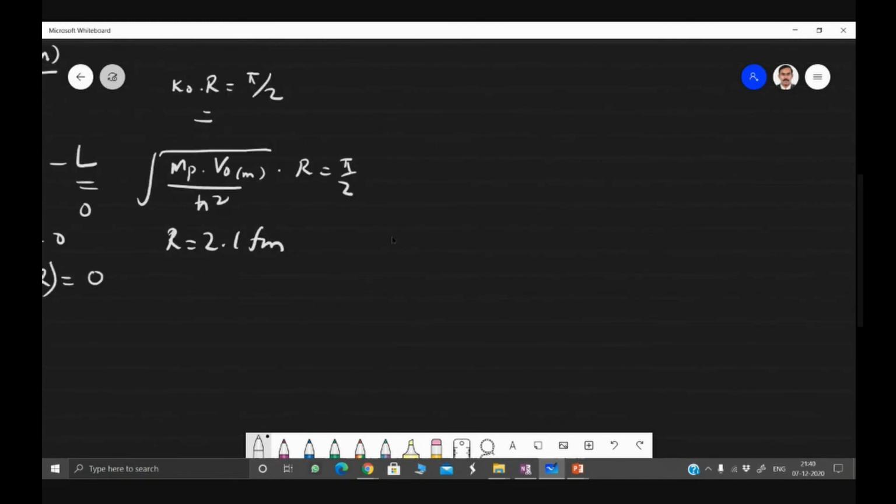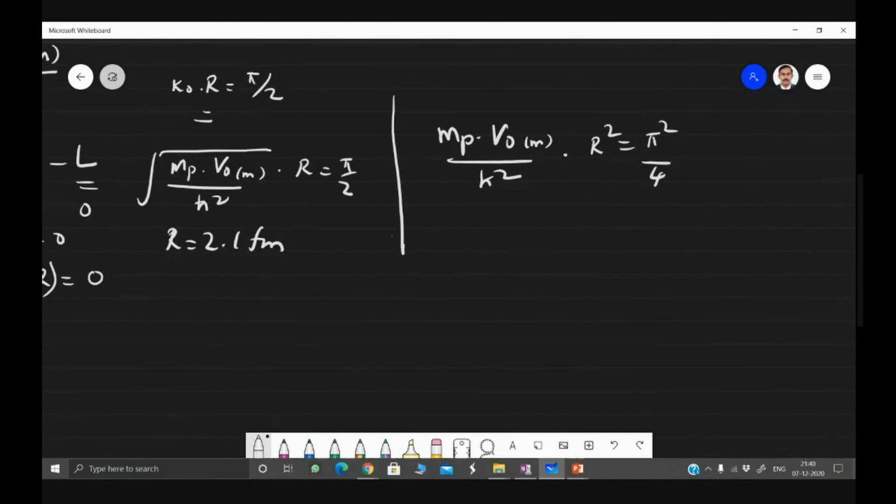So we can just square this expression. What we get? We get MP V naught M by ħ square into R square is equal to pi square by 4. And if we want to estimate V naught, we can bring all the other terms to the other side: pi square into ħ square divided by 4 MP, then what else? We have R square.